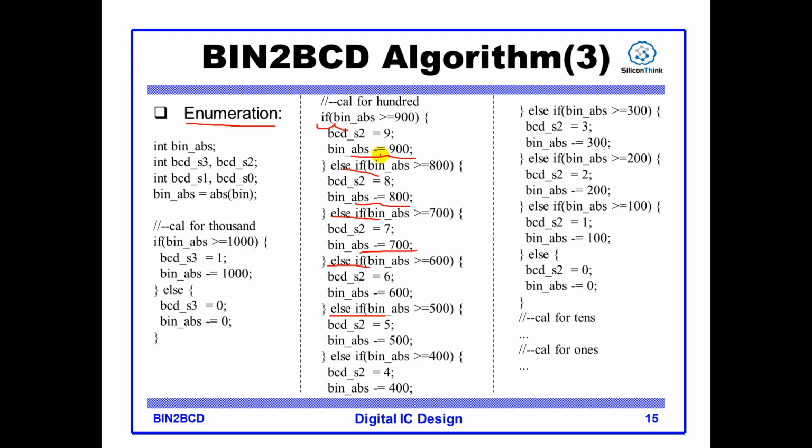Yes, for these subtractors, you can use 9 parallel subtractors to compare the bin abs value with 900, 800, down to 100. Yes, these subtractors are parallel. They are not cascaded with each other.